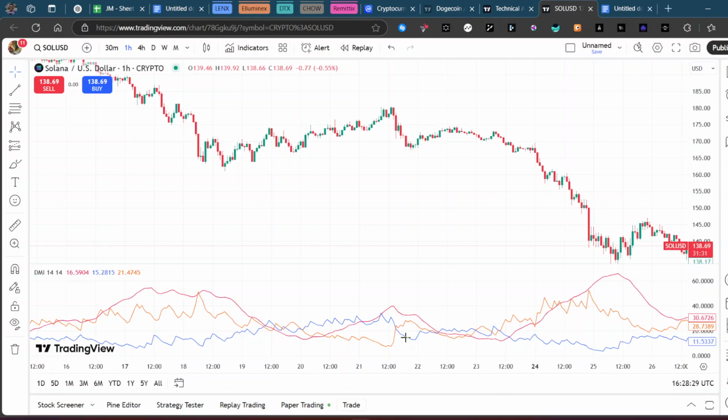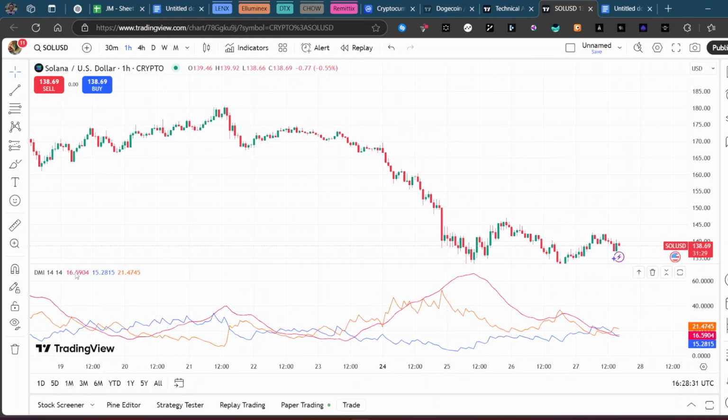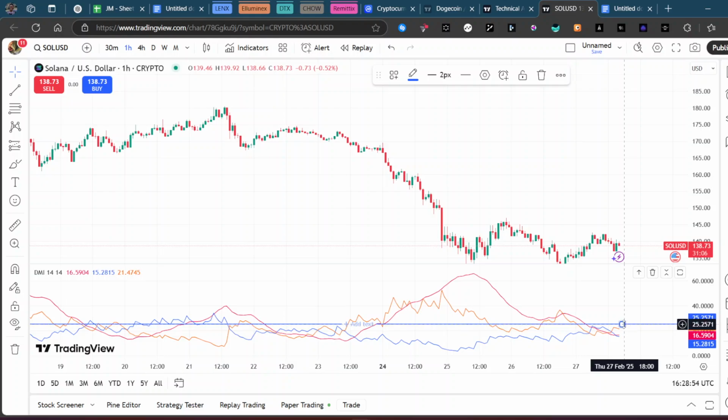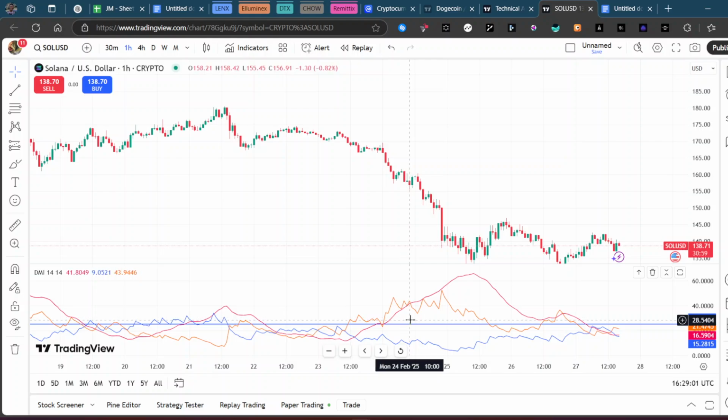Remember that the ADX is the red line. If the ADX is above 25, you can see the values here, the trend is strong.